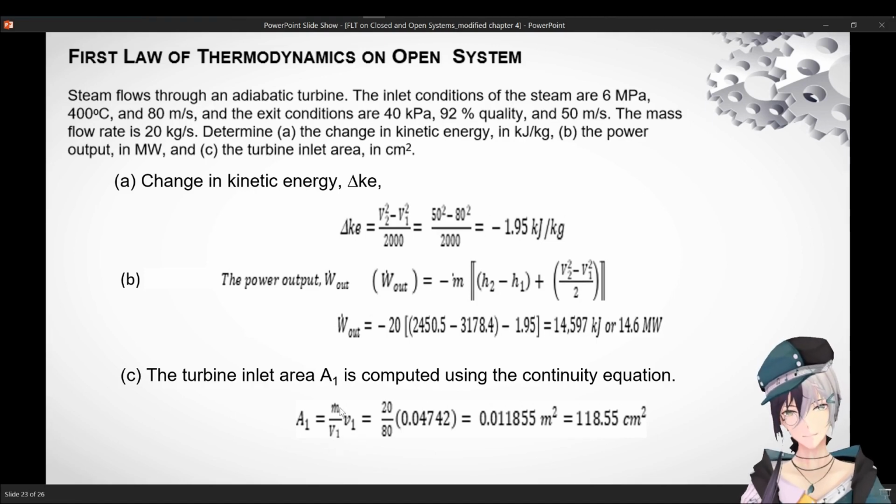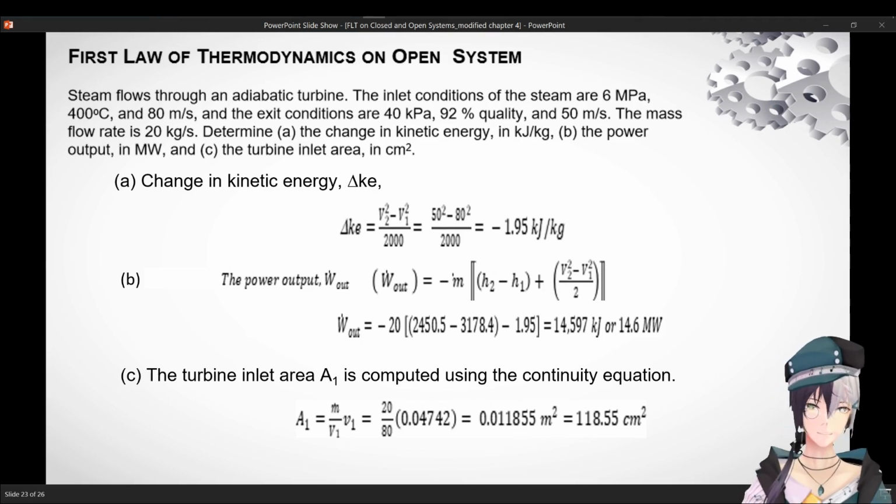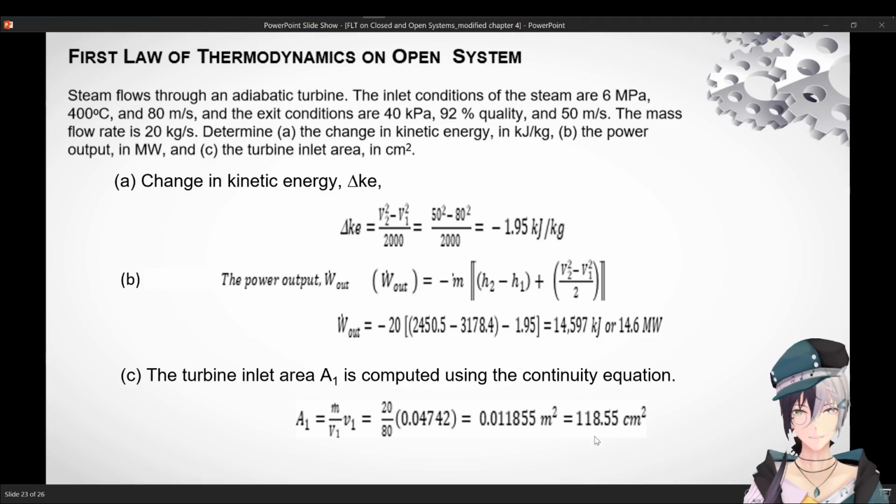Rearranging, we solve for area. The specific volume 1 is from the table at state 1. Then mass flow rate is given and velocity is given. So we now get this answer. And converting it into square centimeters, this is the final answer.